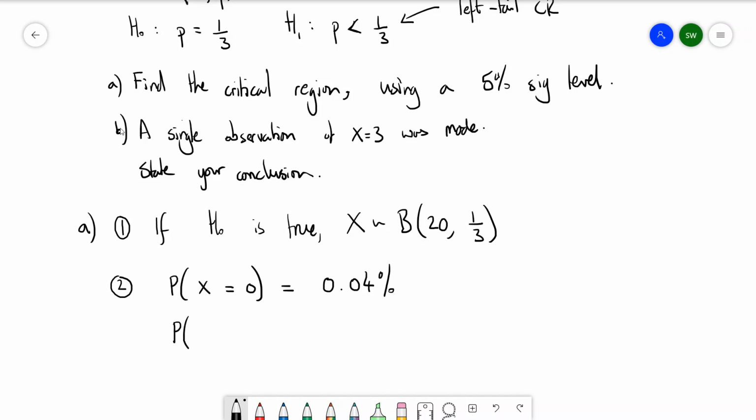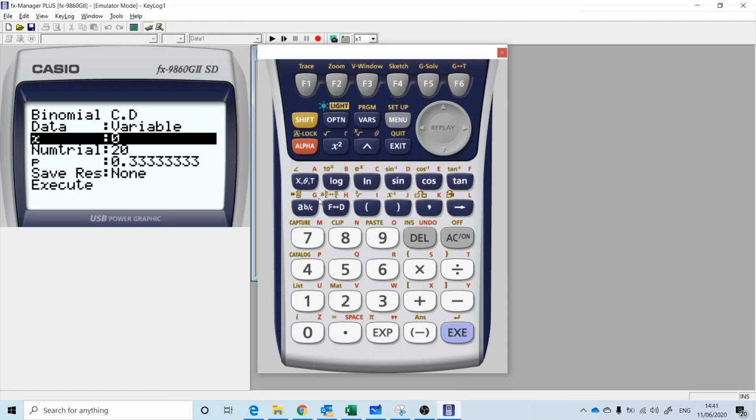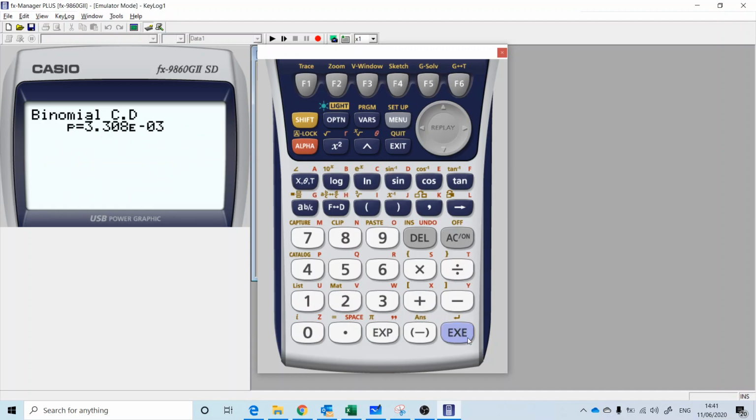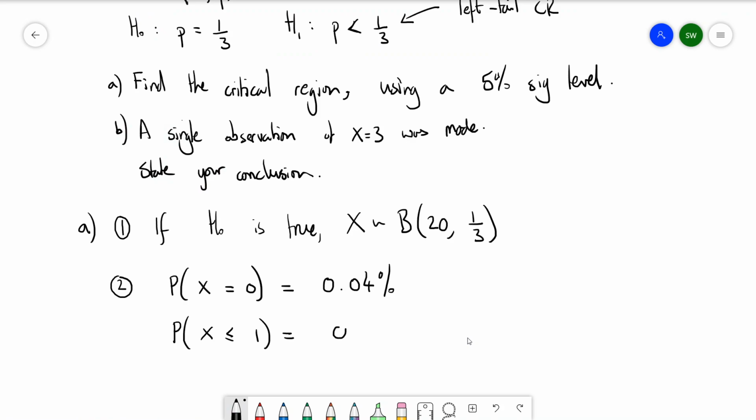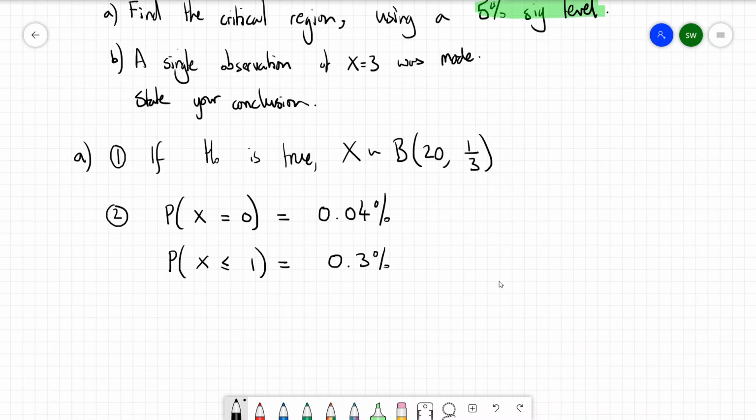So next we're going to do the probability of X being less than or equal to 1. So we just need to go on cumulative binomial again and just change X to 1, and that'll give us the probability of X being less than or equal to 1. And that's 0.3%. So we need to look at the significance level. In this question, it's a 5% significance level. So what we need to do is keep going, following this pattern, until we get a probability which is more than 5%.